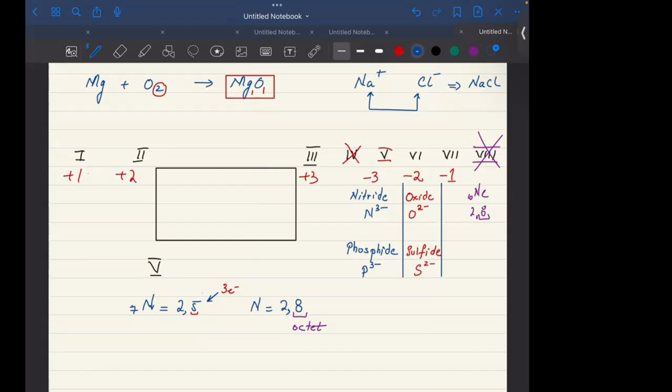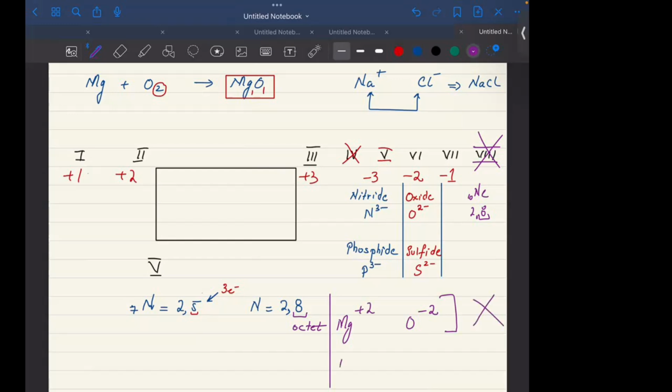Sir, why are we putting the minus sign after 2? Because that's the way we write it. देखो, if you write like -2, or let's say talking about positive ions like magnesium +2, actually this is acceptable in exam. आपके marks तो नहीं काटेगा इस पे, but this is not the right way.